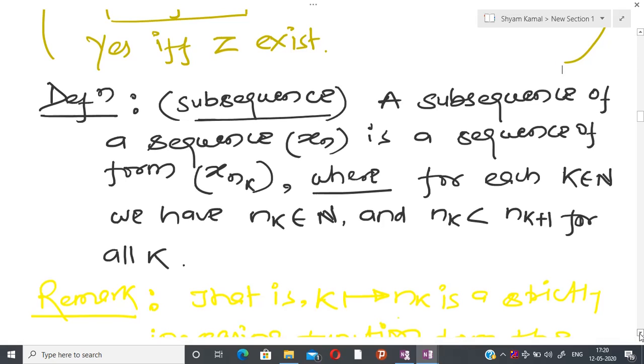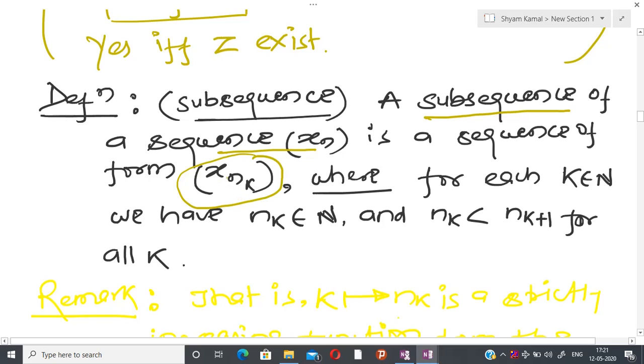So a subsequence of a sequence, because whenever we are defining subset, at that time we are already assuming that there exists certain kind of set. So similarly, whenever we are defining the subsequence, then we are assuming that there exists certain kind of sequence, and we are denoting now subsequence in this way.